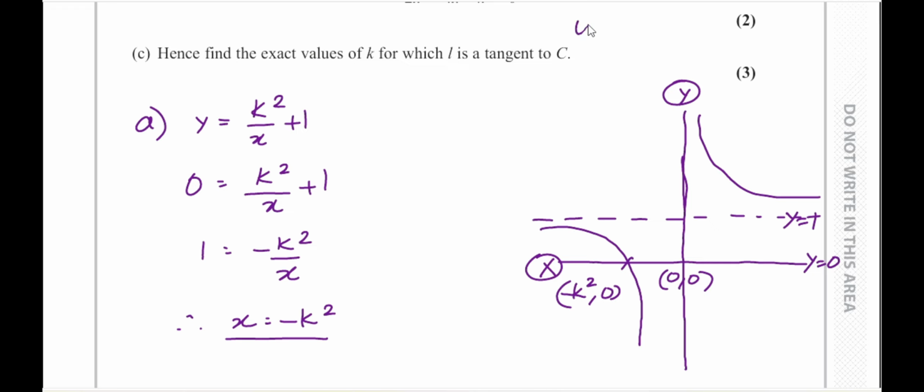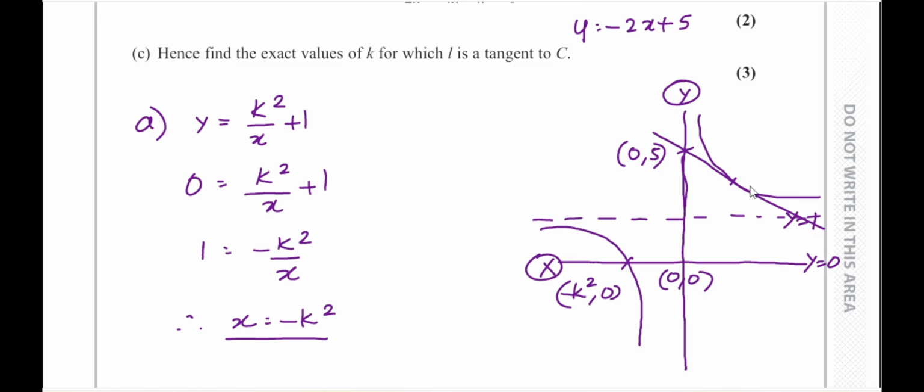The equation of the line is y equals minus 2x plus 5. Therefore, if it is a tangent to this curve, it must be a line like this cutting through, and this point of intersection with the y-axis will be 0, 5, and there will be only one point of intersection with the curve.